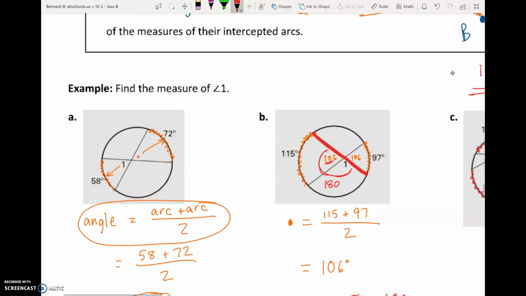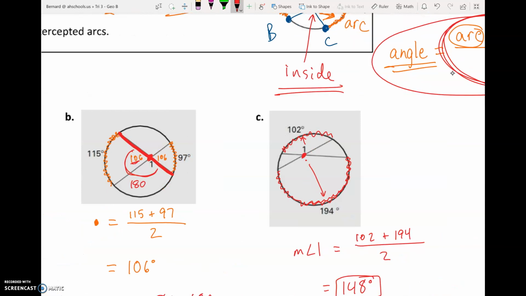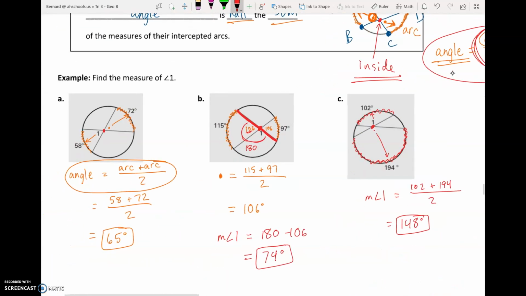And so looking at example A, intersection inside the circle, inside the circle, inside the circle. Now be careful. Notice none of those intersection points are actually the center of the circle. These are not centers. If they were centers, those would be central angles, and that has a different relationship. We talked about that, I believe, in the part 2 video.